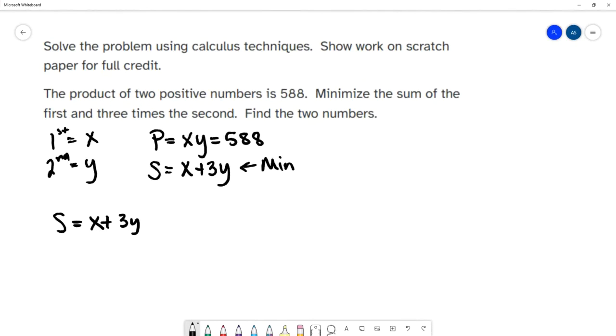But the problem is that this sum has too many variables in it. So we want to use this other equation to reduce the number of variables. We have x times y equals 588. I can divide both sides by x. That gives me y equals 588 over x. And I can substitute this into the equation.